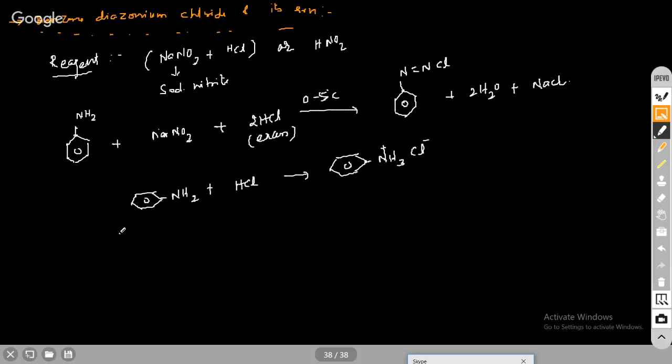Now I'll just write down the reaction like this: N with 3 hydrogen and 1 chlorine, plus this reacts with O double bond N and OH.